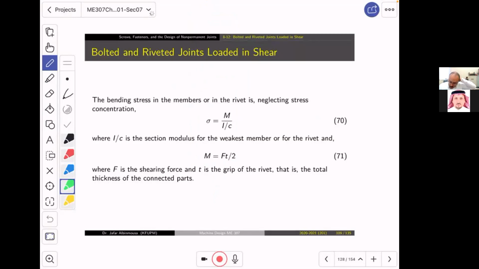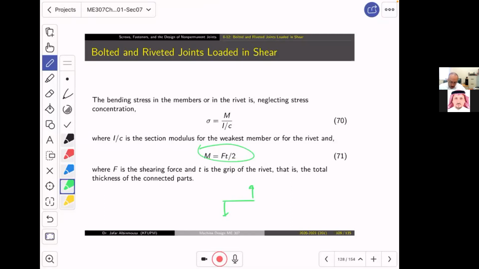So the bending stress in the member, which I told you about, due to the couple, is going to generate stress, sigma equals M over I divided by C. C is here on the top. And F is basically the force multiplied by the thickness, divided by 2.